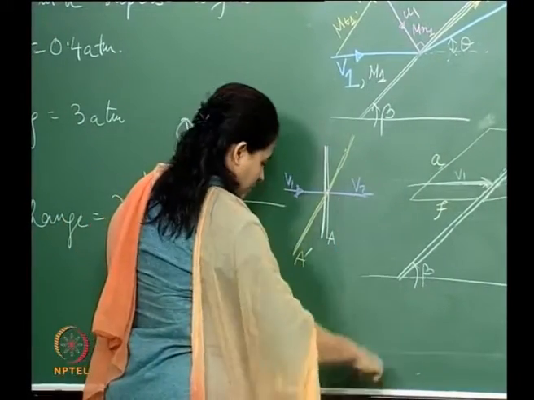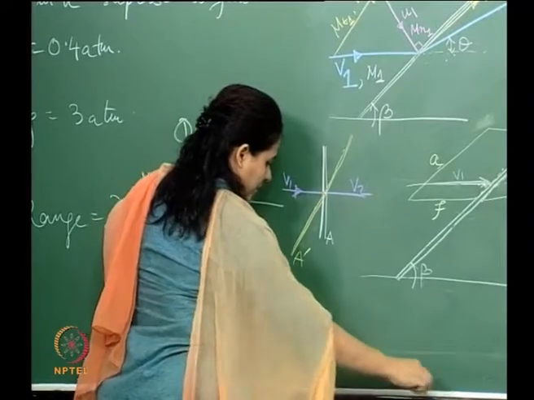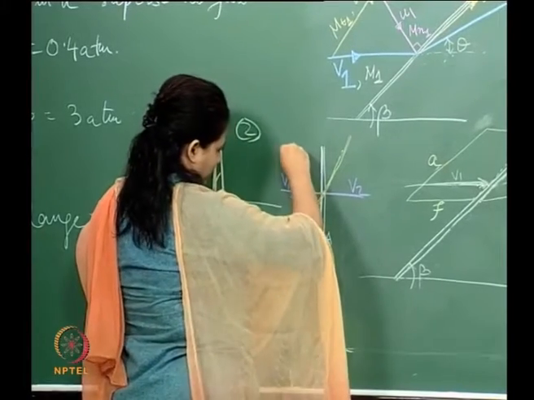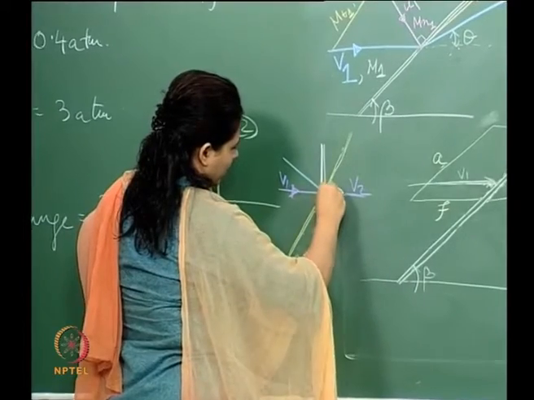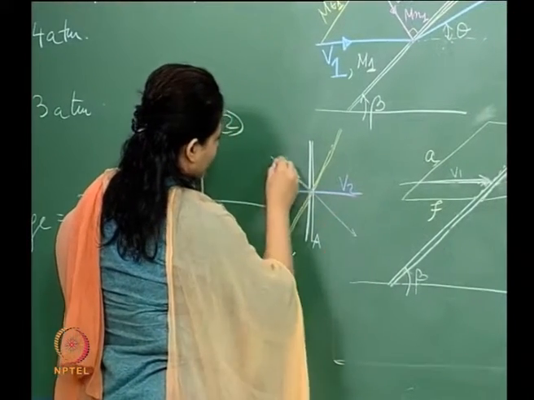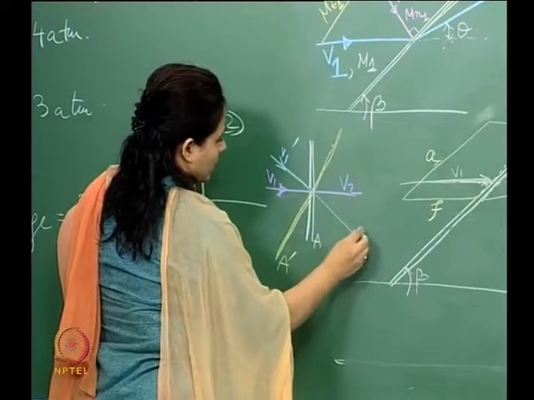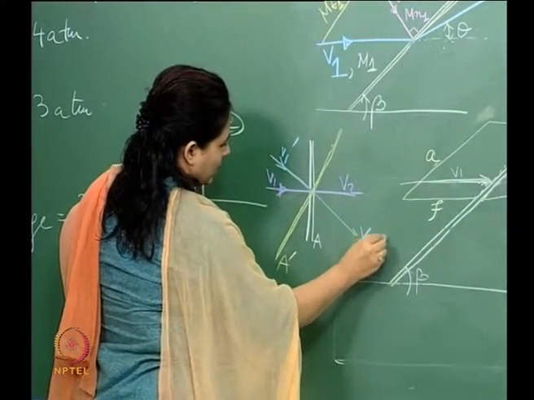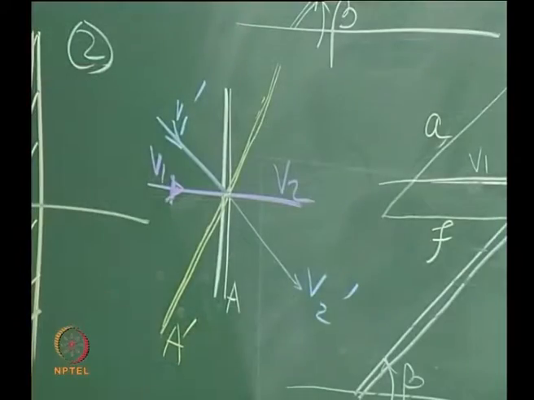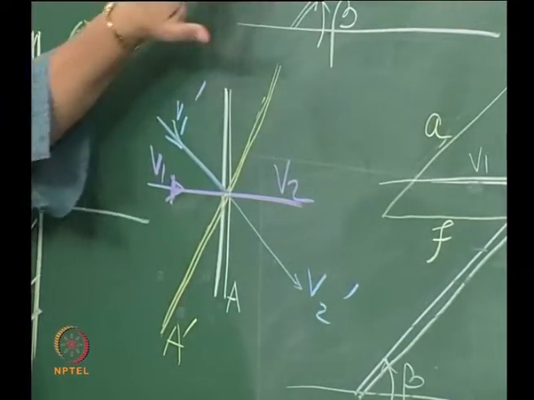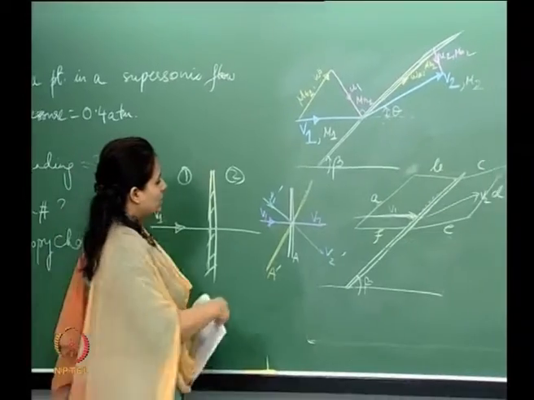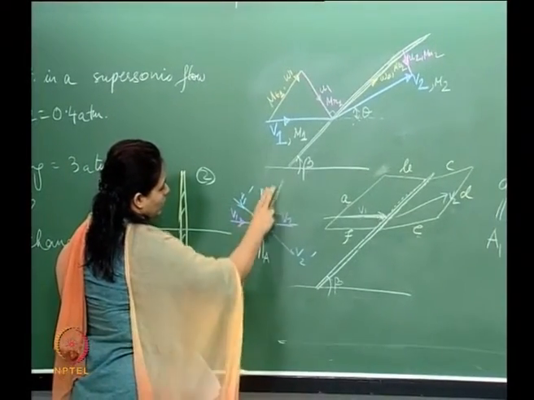Therefore, this velocity component, how does that change? That is also rotating this way, right. So, then this is my say V1 dash and V2 dash. Now, if you compare this, that is exactly what I have done over here. So, this is my shock now.